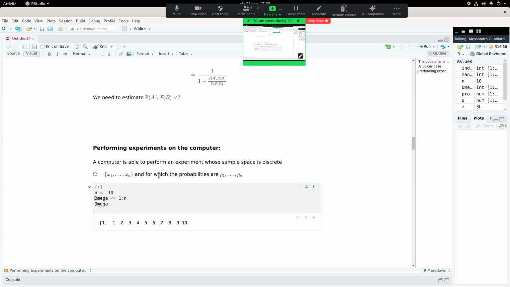So let's define a vector of probabilities. Let's call them p. This is a vector of 10 elements because we have 10 elementary events. So let's define them in some way.